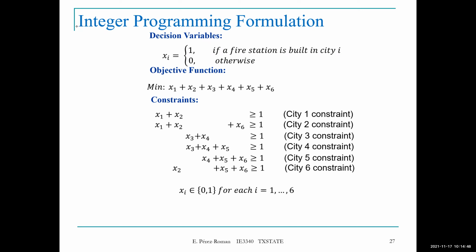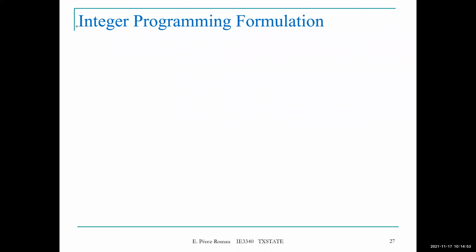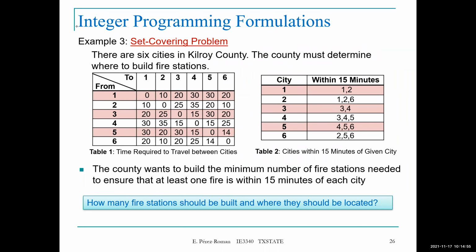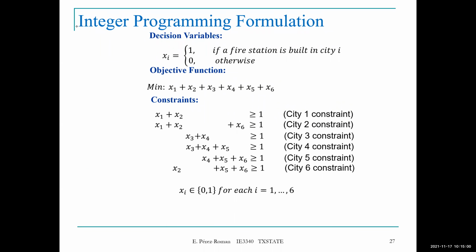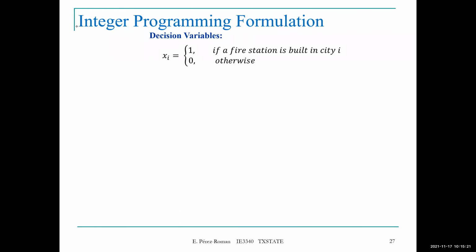And here we have the constraints. If we look at the table, we have city 1 reaching 1 and 2, and city 2 reaching 1, 2, and 6. Those are going to help us write these constraints. So x1 plus x2 has to be greater or equal to 1. This is the constraint for city 1. x1 plus x2 plus x6 is the constraint for city number 2.